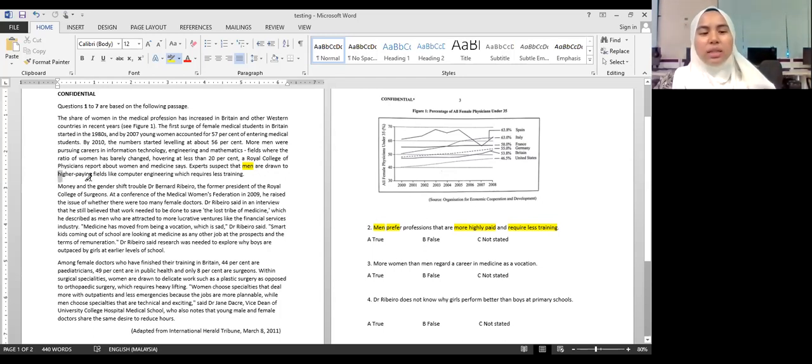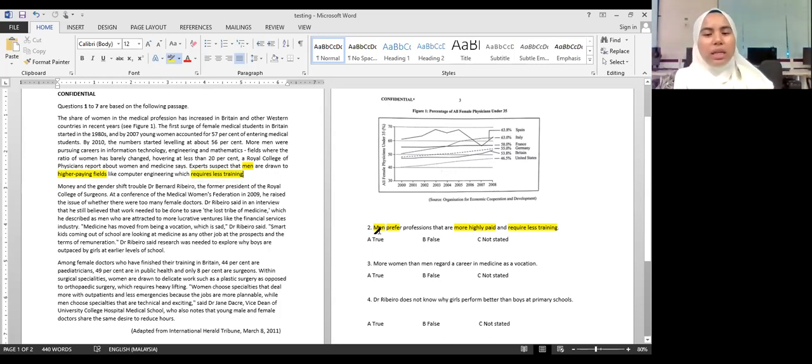As I mentioned earlier, you can also scan for words that have almost similar meaning to what was written in the statement. I've highlighted here require less training, which I also found in paragraph 1, so I'm going to highlight it here.